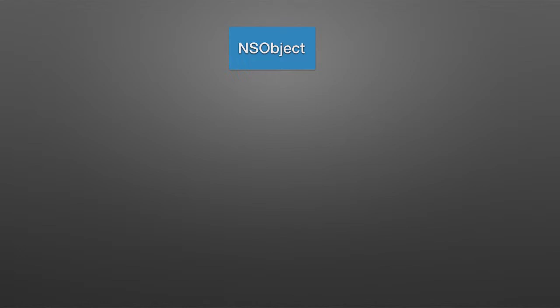NSObject is the simplest class. It's the base class, the top of the inheritance hierarchy for all the classes in iOS. Objective-C does not require a single base class, but in iOS all classes inherit from NSObject.